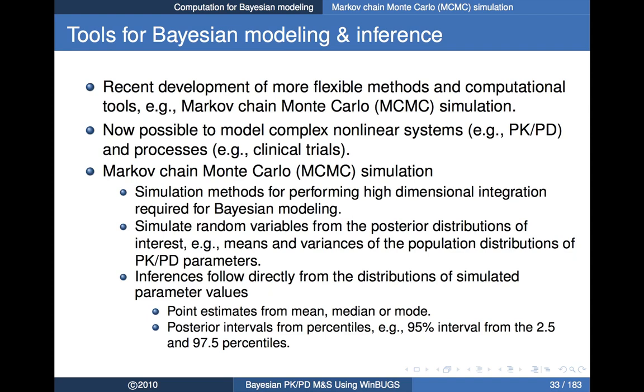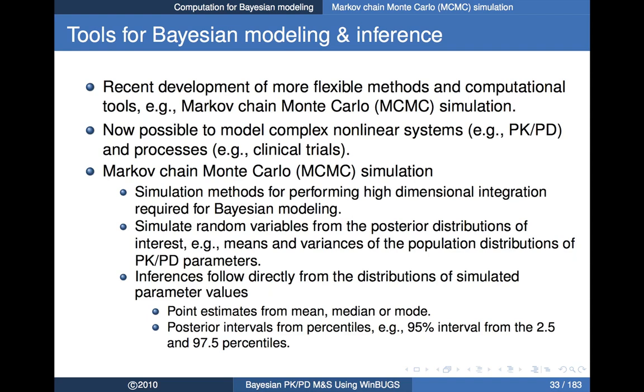I say here that a recent development of more flexible methods and computational tools, namely tools like Markov chain Monte Carlo simulation, has made it possible to do this. And I say recent, it's maybe not quite as recent as when I first wrote that statement, but most of the work on Markov chain Monte Carlo simulation has occurred since, I think, 1990, let's say.